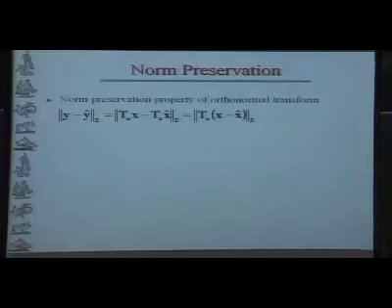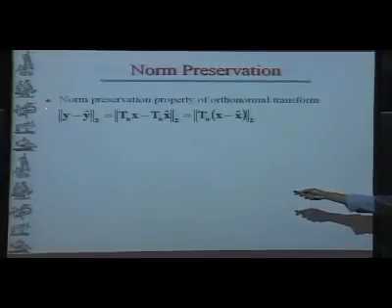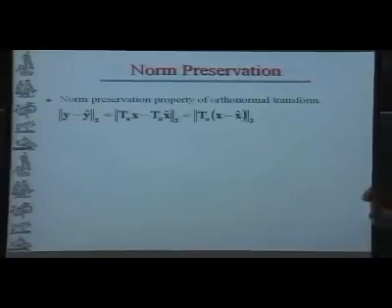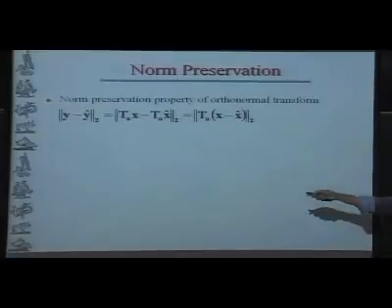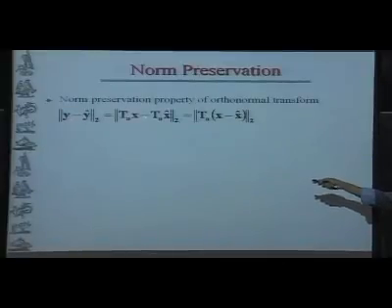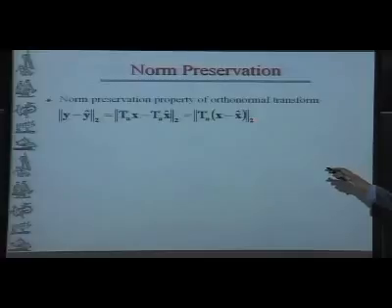What I want to show is that the norm of y minus y hat is the same as the norm of x minus x hat. So let me substitute y by Tx, and y hat is Tx hat. Factor out T, so I have this.